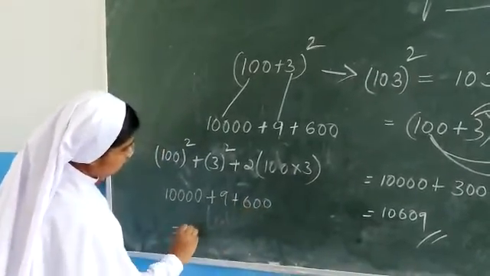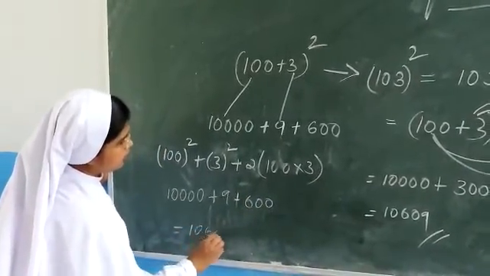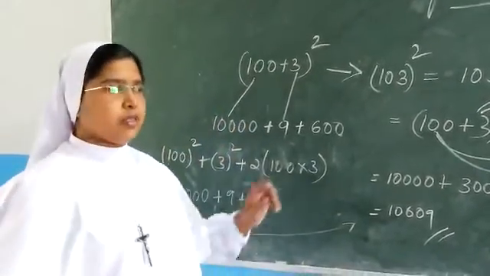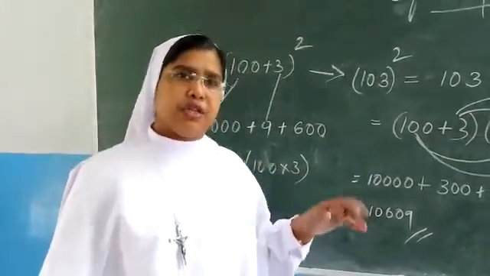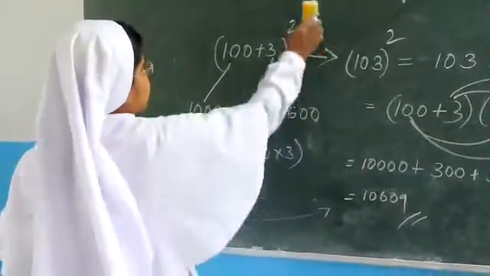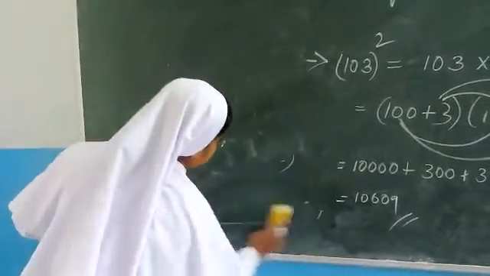So you will get 10,609. Same thing what we have done here. So this does not cause confusion. I am only explaining according to the general formula. Okay, so this is the way we have to solve.